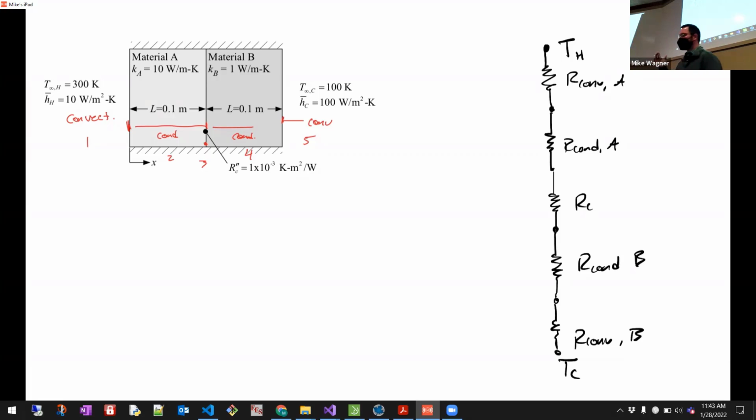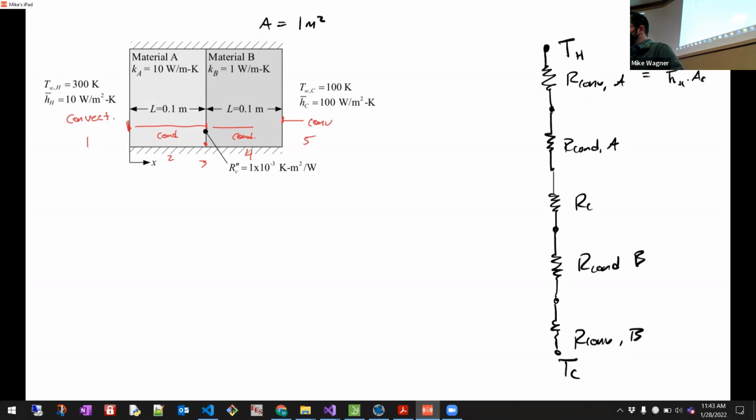Okay, so for convection A, what was our rate equation? That's equal to 1 over h times the area available to it. The area, again, is not given to us, so let's just do this on a per unit area basis. Our area is 1 meter squared.